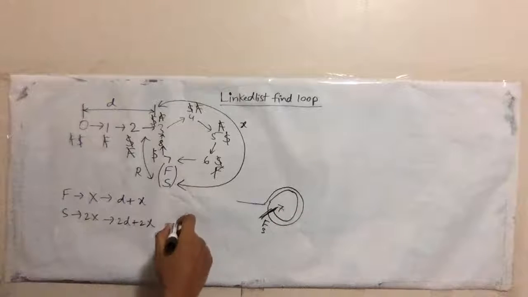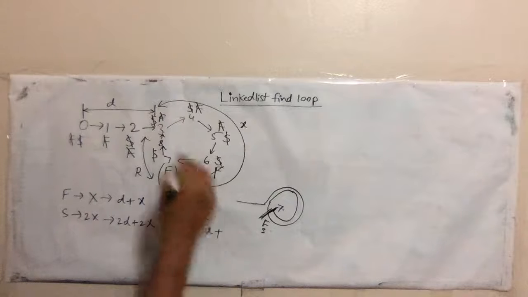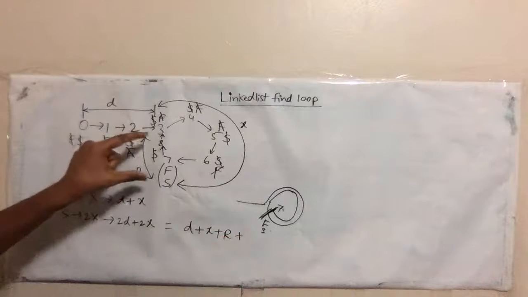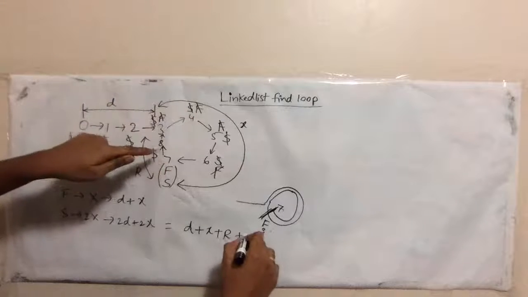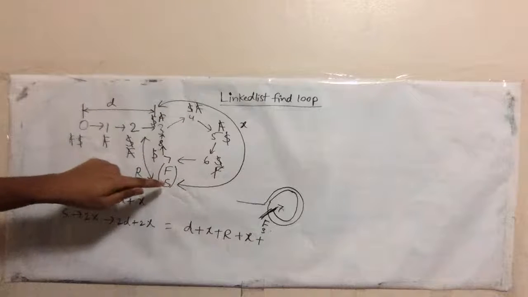So how can I write that? d plus x plus r, the remainder length which I'm going to find, and again x, that's it. Then it will reach here.